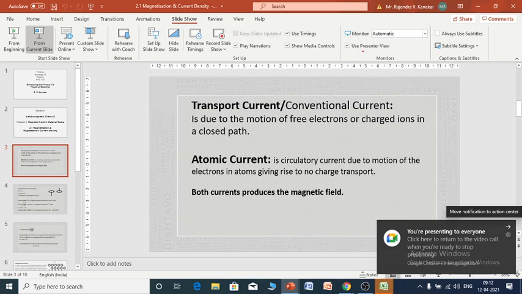Now we want to see some equivalent current, meaning a current equivalent to the current carried in a wire. So let us say that these atoms are equally spaced, so there is a uniform distribution.